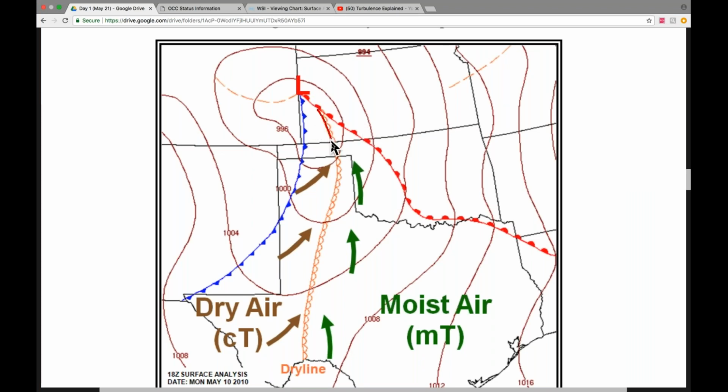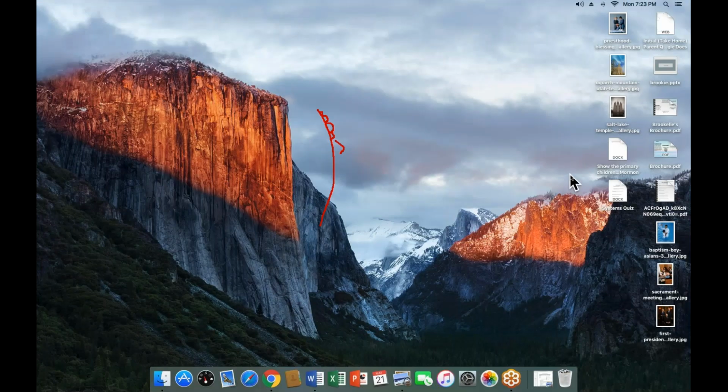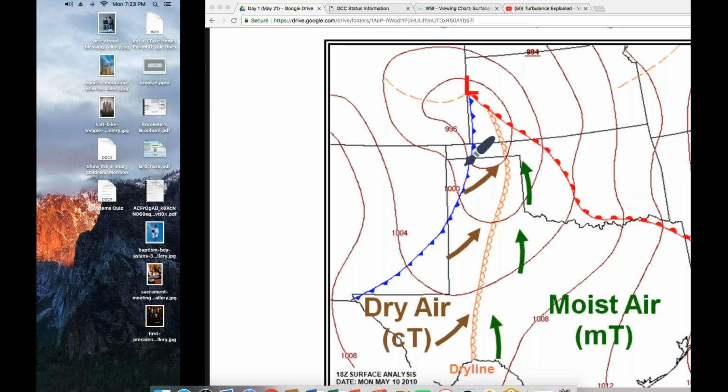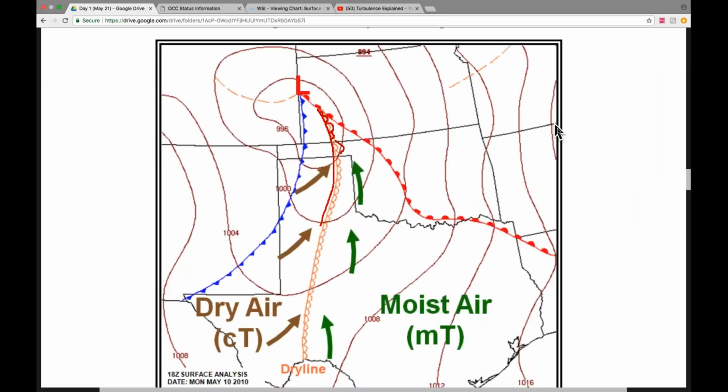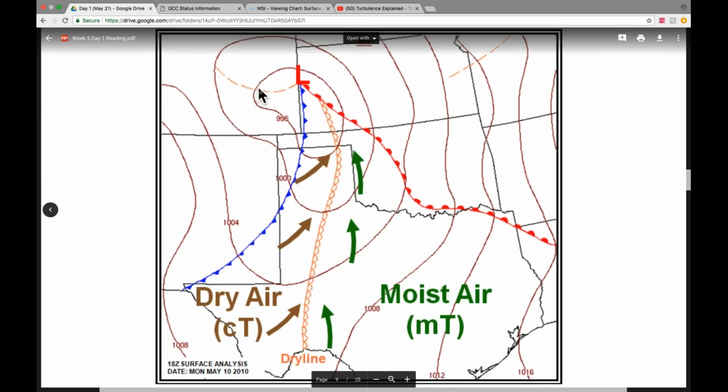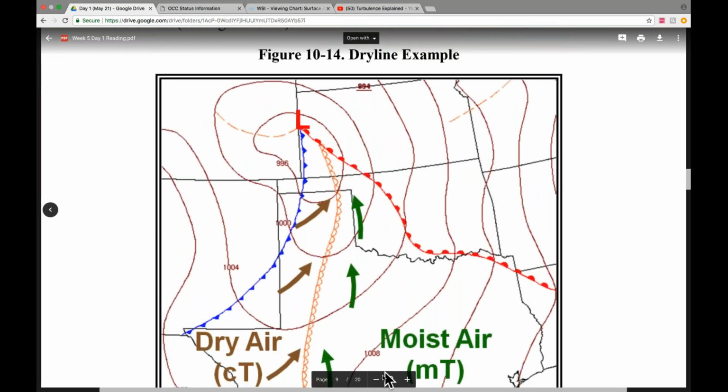So you've got this line, and then you just got the little bubbles along the line all the way down. This computer is just not my favorite.